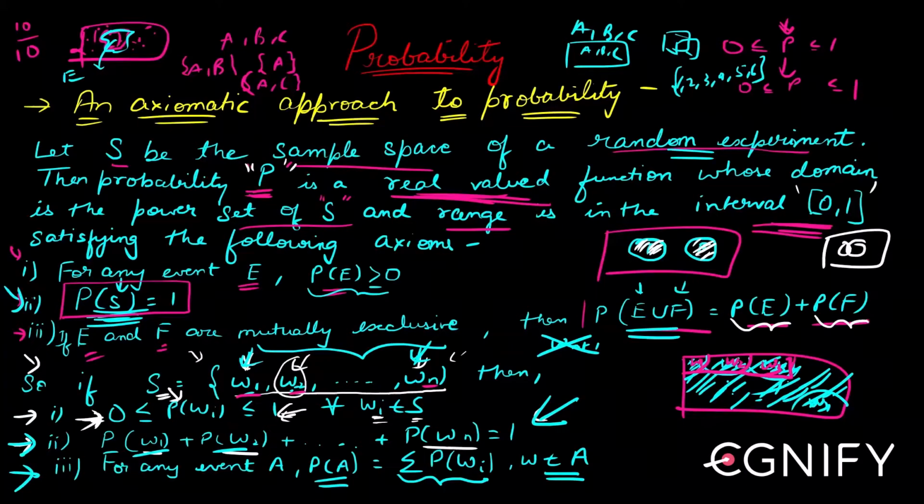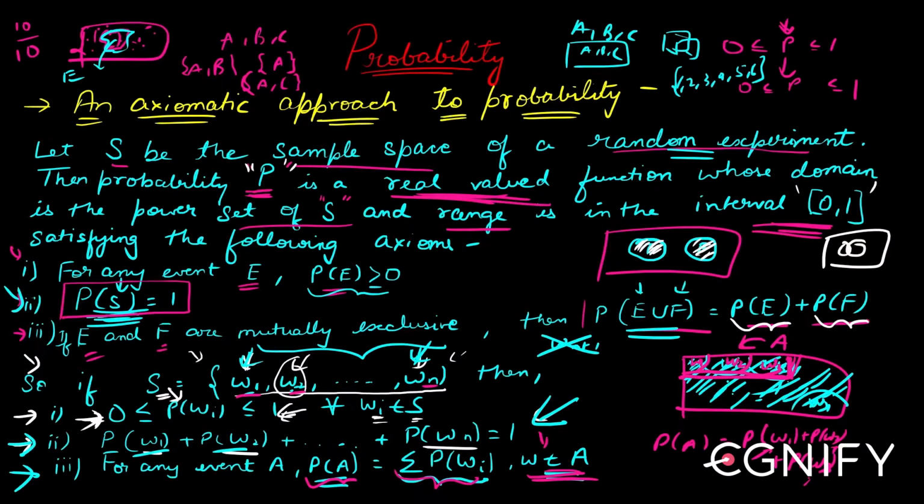If I pick up only this region and I call this A, then probability of A is probability of W1 plus probability of W2 plus probability of W3, right? Because these W's belong to your A, which is basically this. So you pick up any region, all the W's which belong to that region, you have to add their probabilities, and that will be equal to the probability of that region, which I'm calling A here, right?